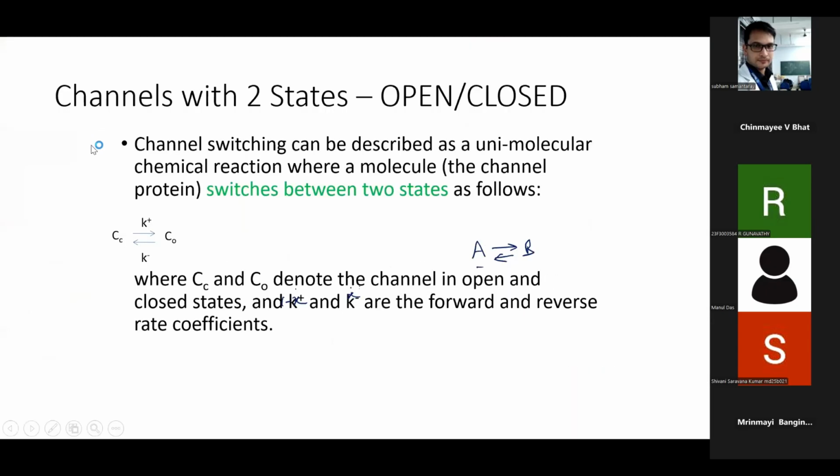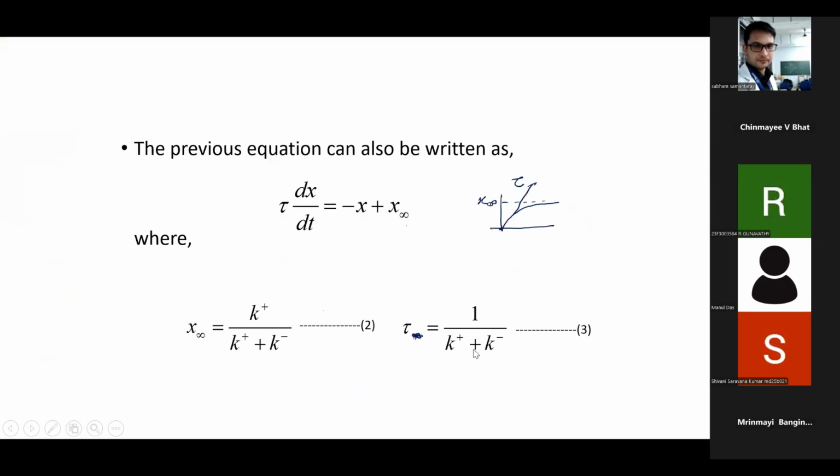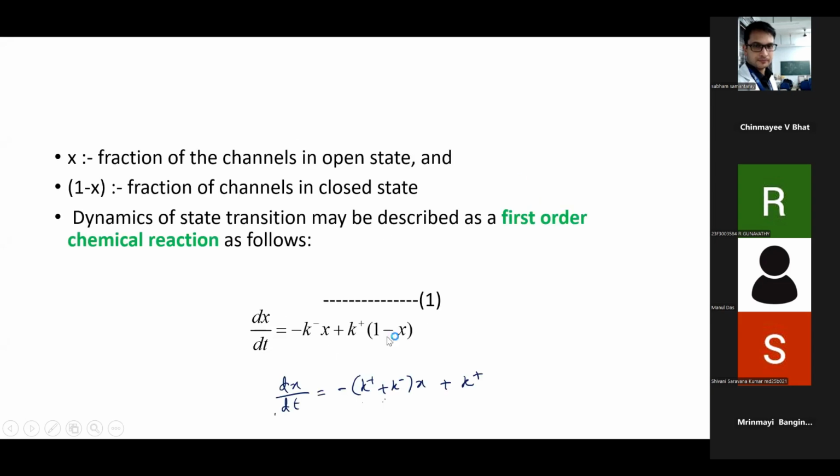K plus is a reaction rate from closed to open, and K minus is a reaction rate from open to closed. Okay, so then you can write the gate kinetics, or channel kinetics, like this: dx by dt is equal to minus K minus X plus K plus into 1 minus X. Right, and you can define two new terms, x infinity and tau, like this, simply by rearranging terms in this equation.